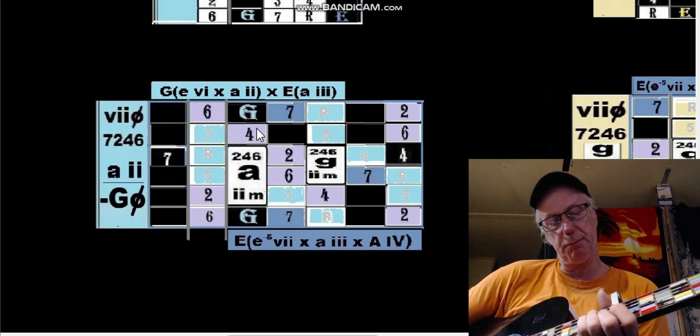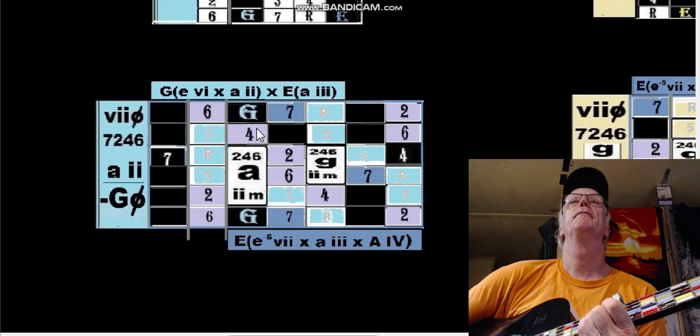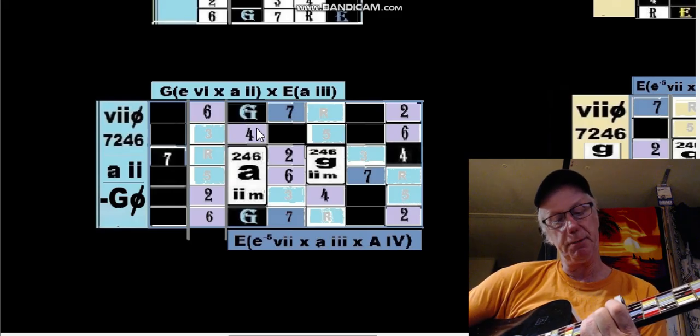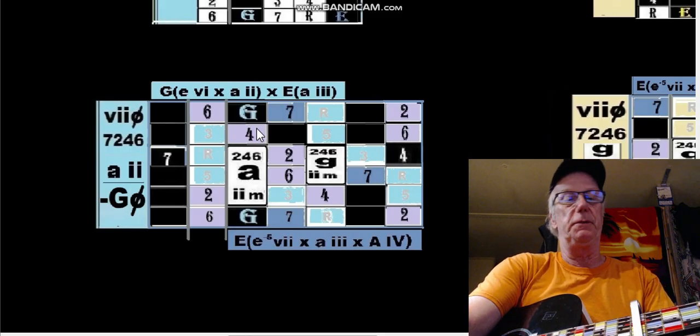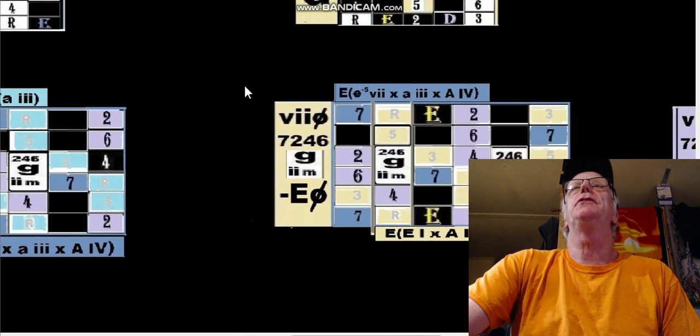We got a nice shape up here. It's a nice A minor shape. It's just up a little high on the neck for me. For me, big fingers. Yeah, and it just goes on and on.